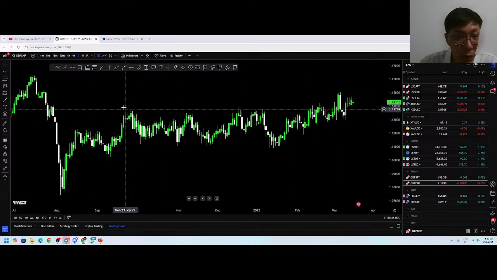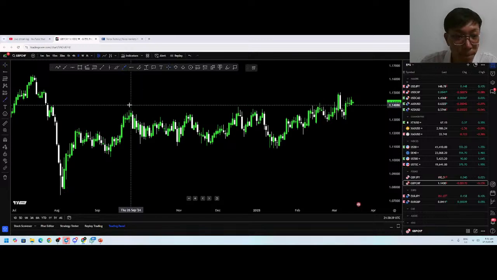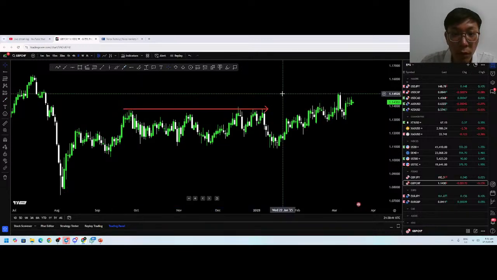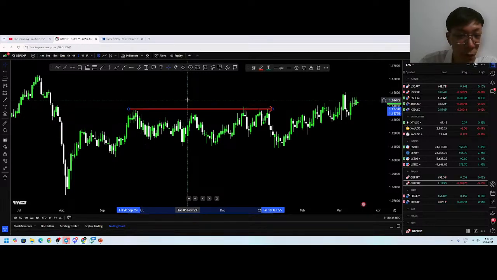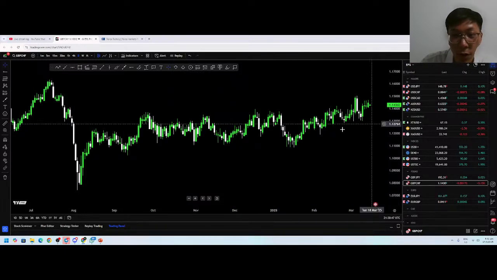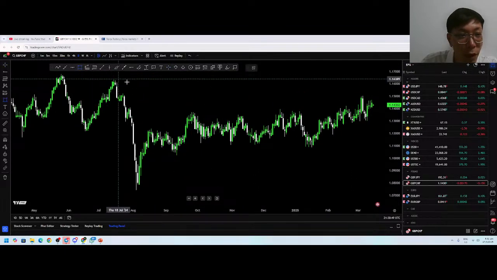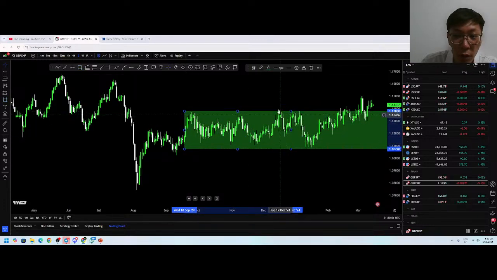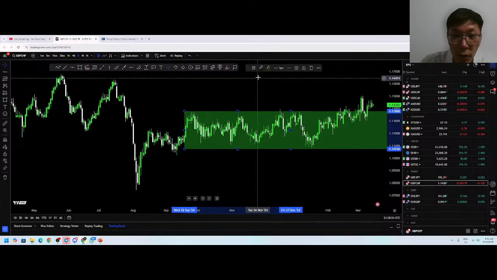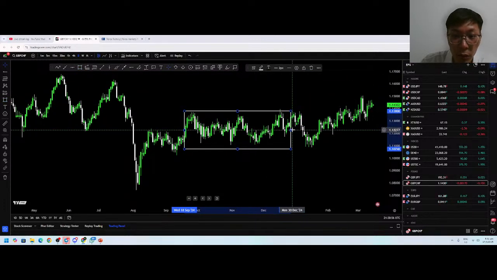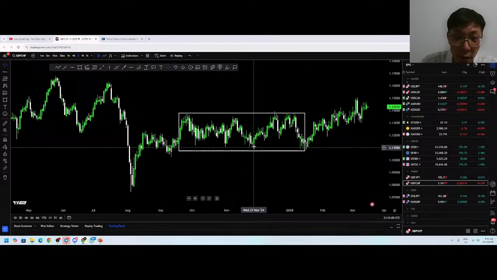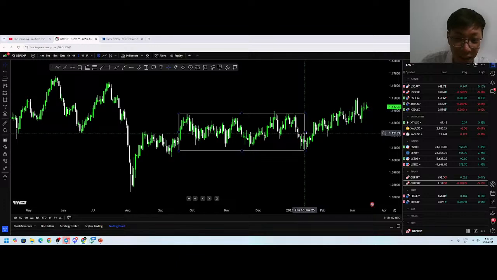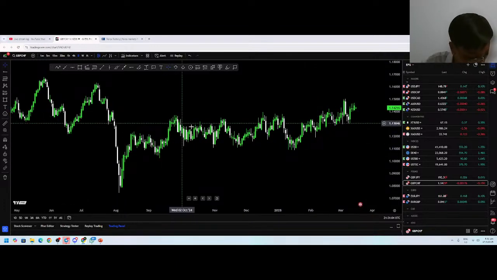Wow, it's so choppy. GBP CHF actually reacts very nicely to such a level. I've never seen a pair react so nicely for the longest time. If you see this consolidation zone, you can buy, sell, buy, sell, buy until it successfully breaks out.